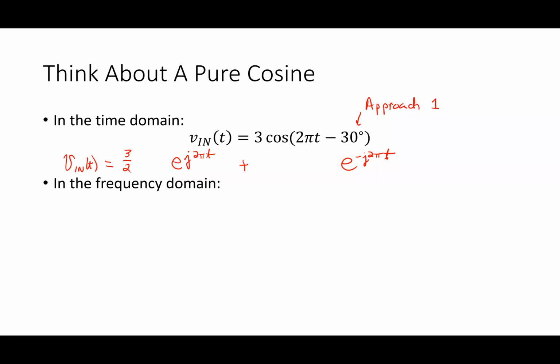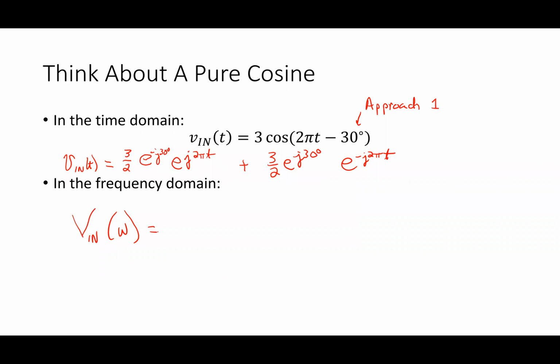Technically, it's a complex amplitude, so it's 3 halves, and what do I put in front of this? Times e to the what? Negative j 30. And then this guy would be 3 halves e to the j 30, the complex conjugate of that.